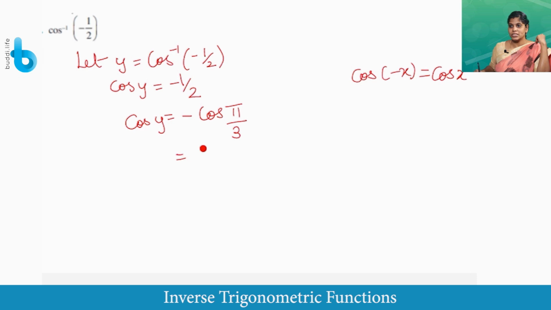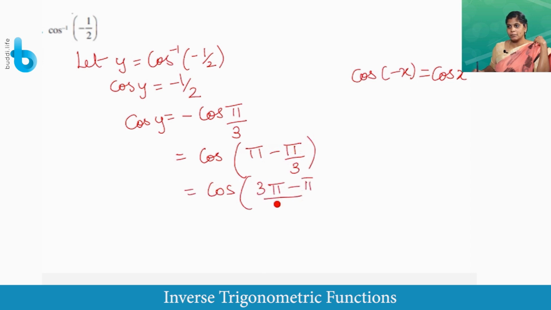We will change the angle value, that is cos, this angle we will take as pi minus pi by 3. Okay, so cos, take LCM, 3 pi minus pi by 3, which is equal to cos of 3 pi minus pi is 2 pi by 3.